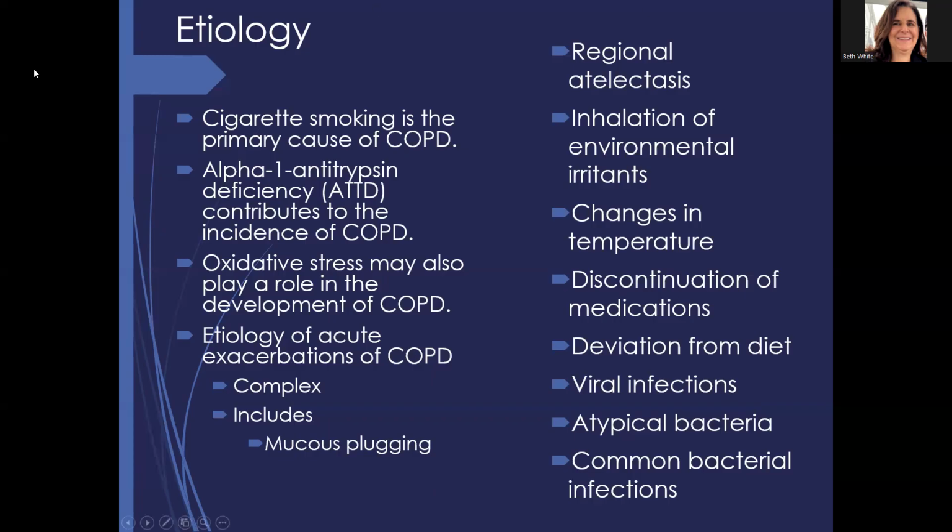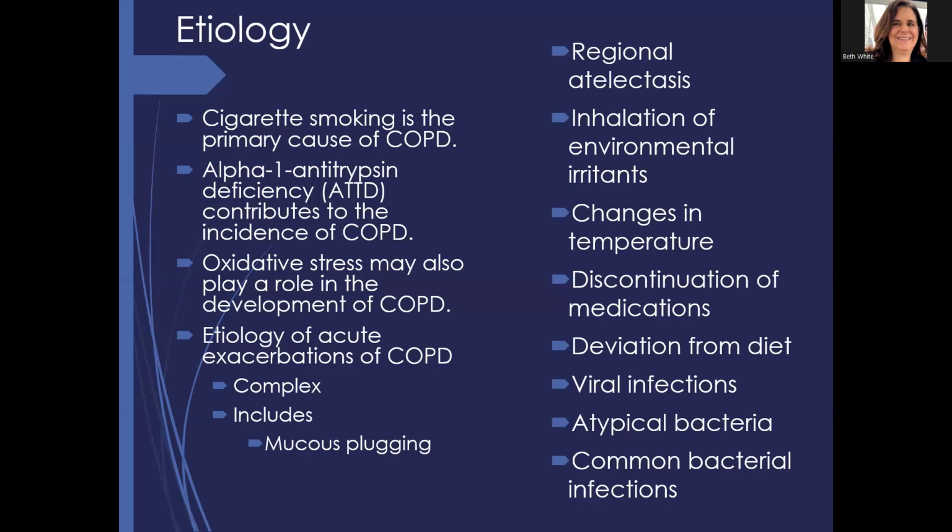The second one, alpha-1 antitrypsin deficiency. This is a genetic defect where the patient does not produce the enzyme that protects the elasticity of the lungs.